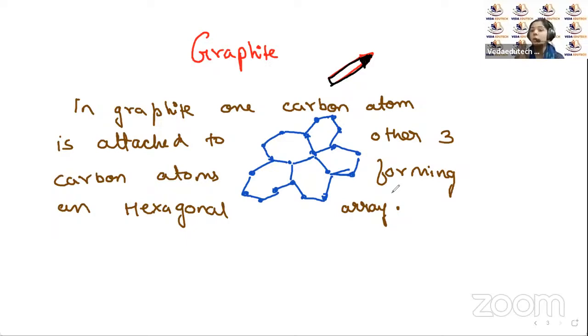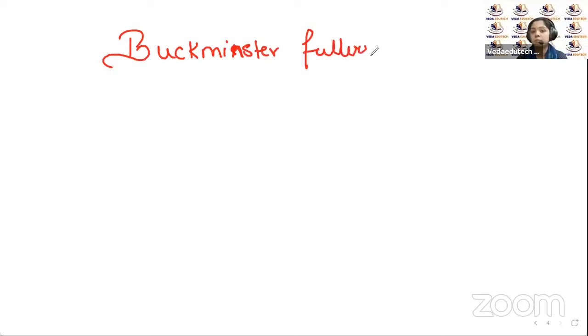Now we are left with only the third allotrope, that is Buckminster fullerene, also called C60. Why are we calling it C60?